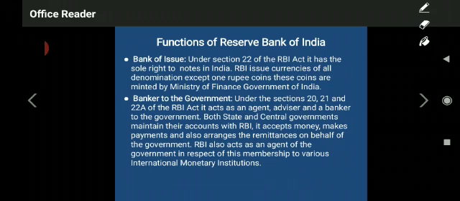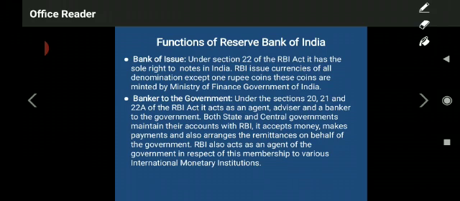So, RBI issues currencies of all denominations, I said. All denominations means 5 rupees, 10 rupees, 20 rupees, 50 rupees, 100 rupees, 200 rupees, 500 rupees and 2000 rupees. These all types of currency denominations are printed and issued by Reserve Bank of India.